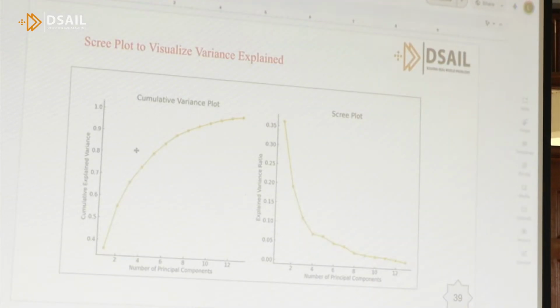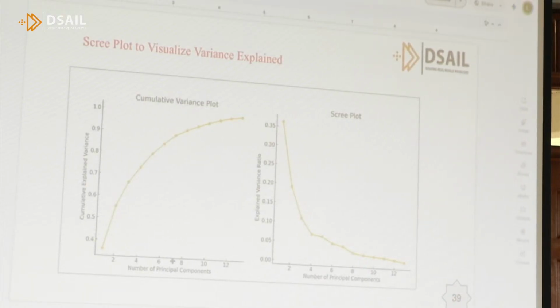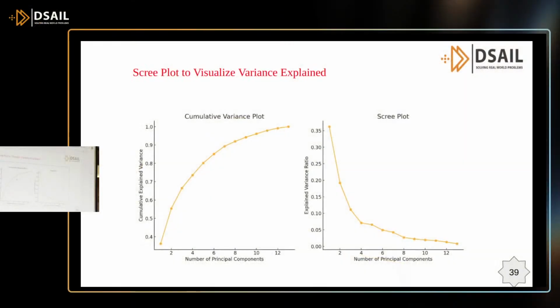For example, in this plot of the number of principal components, if you choose 7 principal components, you'll find that 90% of the variance within your data is explained by 7.